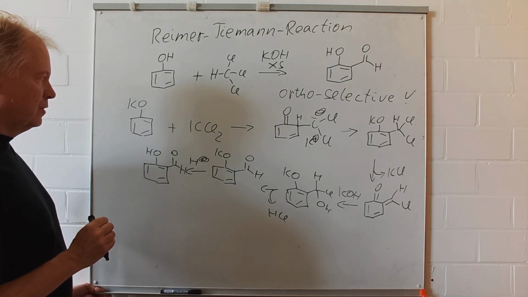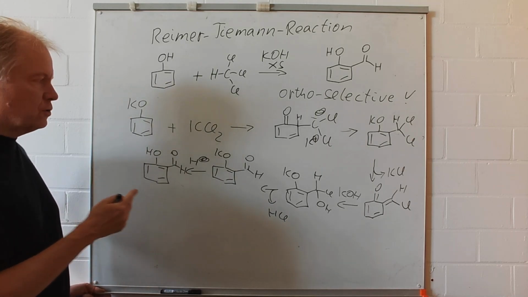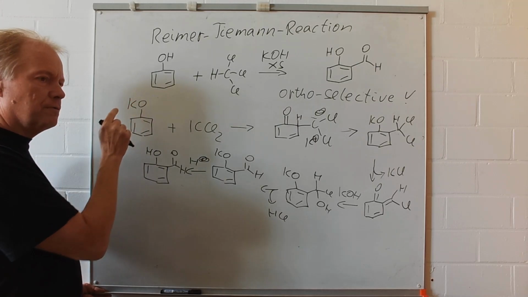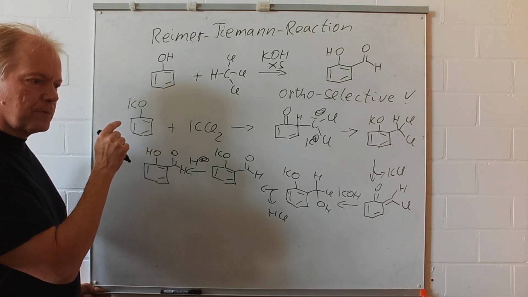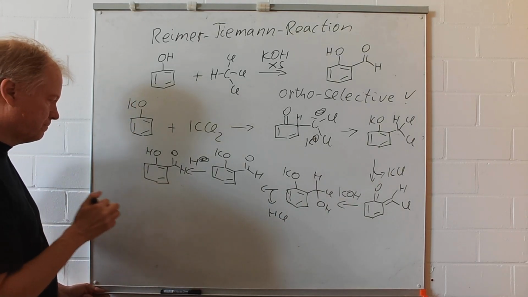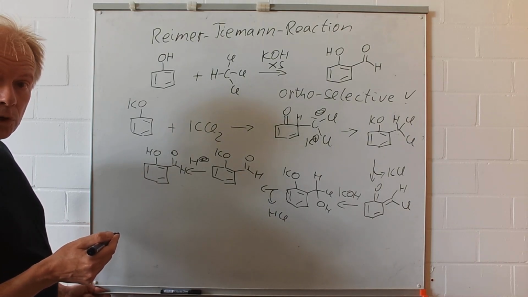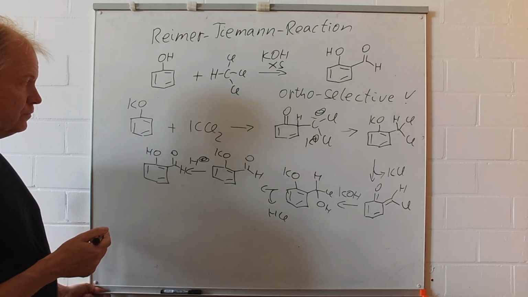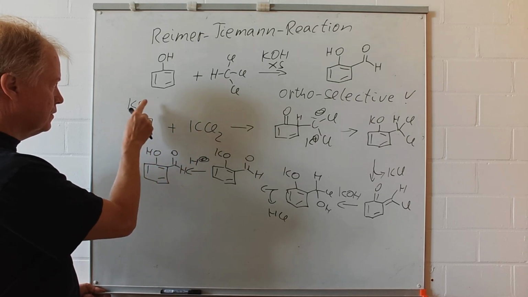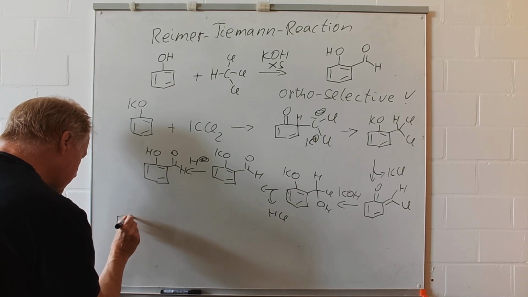However, if it is already closely located to the anionic charge, why shouldn't that react directly with the center of highest electron density, and this is the oxygen? Let us have a look what structures we have if that carbon will directly react with that oxygen. So let's have a try.